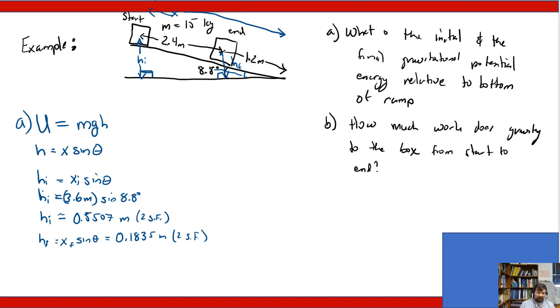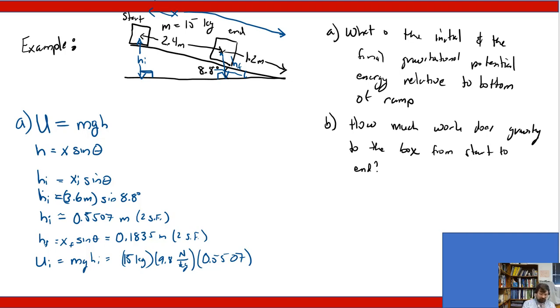All right, so that means that U initial, mgh initial, is equal to 15 kilograms times 9.8 meters per second squared, which is the same as 9.8 newtons per kilogram, times 0.5507.